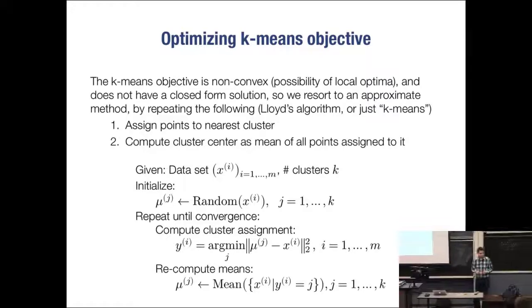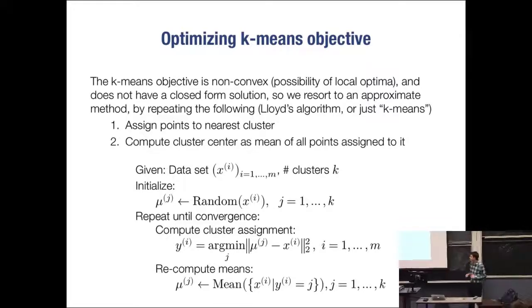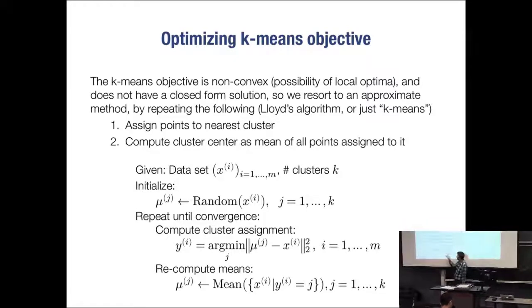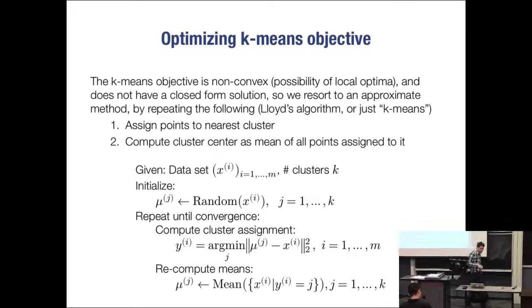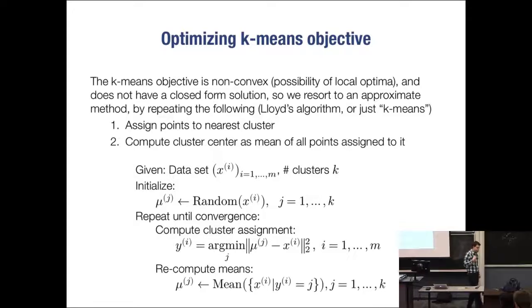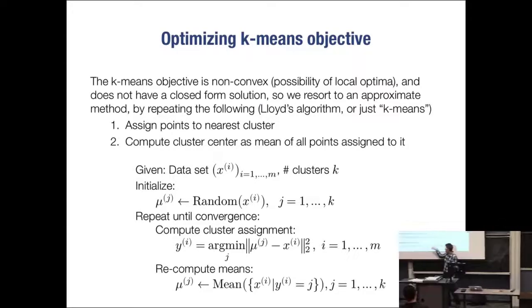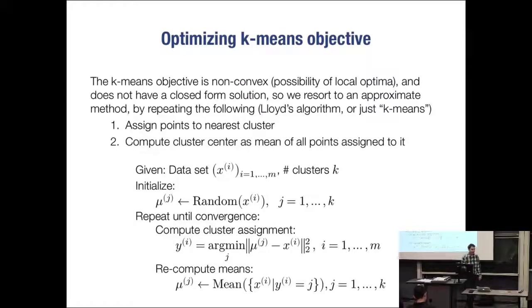And then in step 2, I'm just going to assign the new cluster centers to be the mean of all the points assigned to it. So the way I'm writing that is it's the mean of all x_i such that y_i, which was our assignment, equals j, for j iterating from 1 to k, the number of clusters.